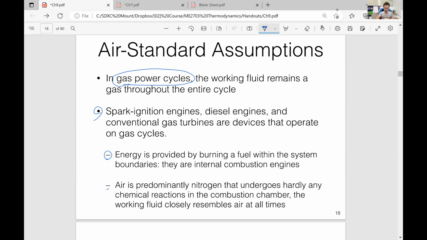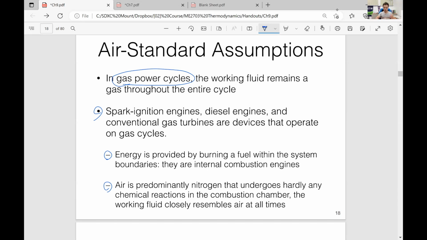Air is predominantly nitrogen that undergoes hardly any chemical reactions in the combustion chamber. So the working fluid closely resembles air at all times. We know 80% of air is nitrogen, and only 20% of air is oxygen.